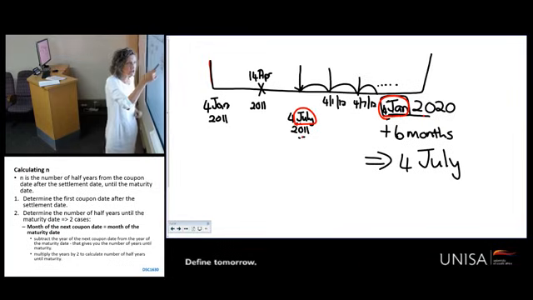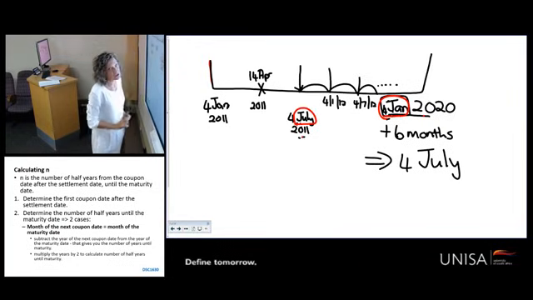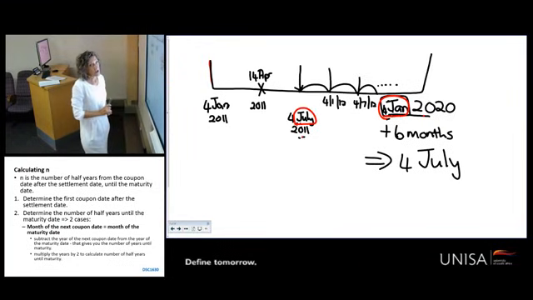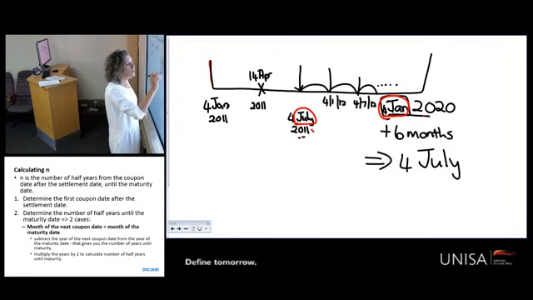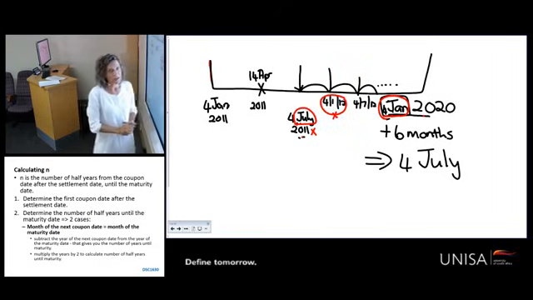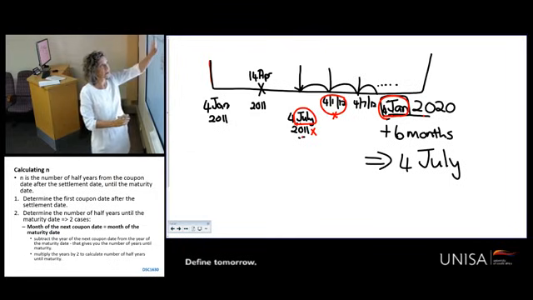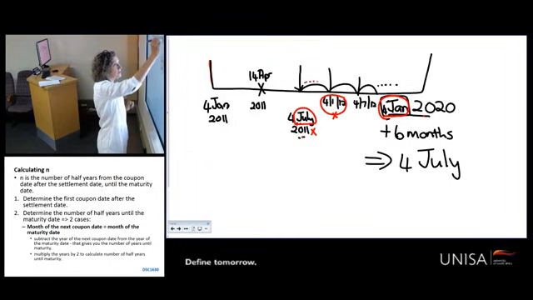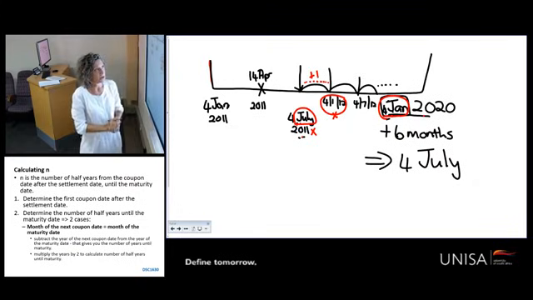In this case, the July and the January are not the same. So what I do is I do a trick. I say, let's ignore this 4th of July, and I imagine that the 4th of January 2012 is actually my next coupon date. So I ignore this bit here for starters, which is 1 half-year period.